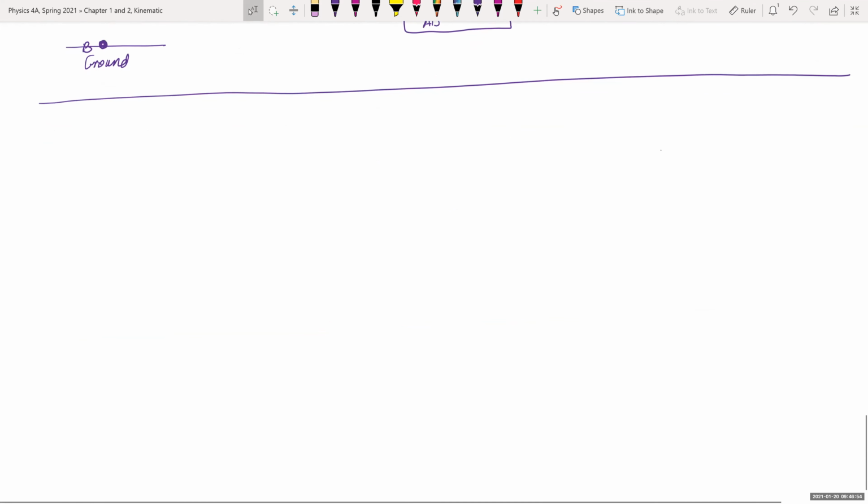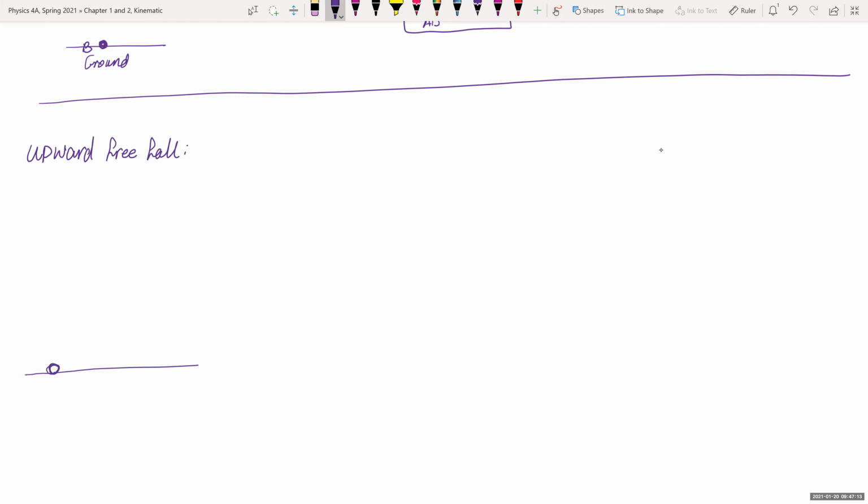Now, the last topic is called upward free fall. What is upward free fall? It is when we throw the ball up with initial velocity v naught, and the ball goes up.